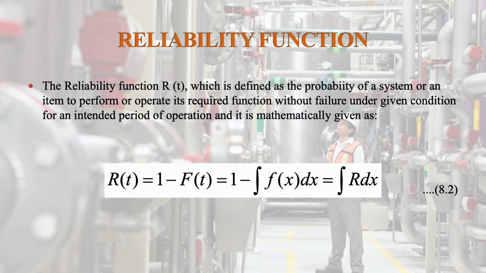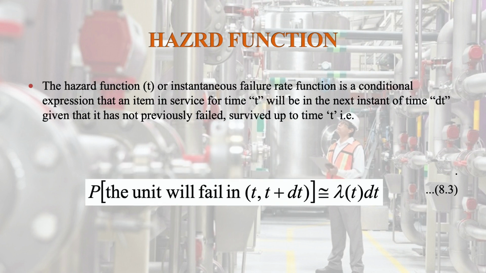Hazard function. The hazard function h(t) or instantaneous failure rate function is a conditional expression that an item in service for time t will fail in the next instant of time dt, given that it has not previously failed, that is, survived up to time t.